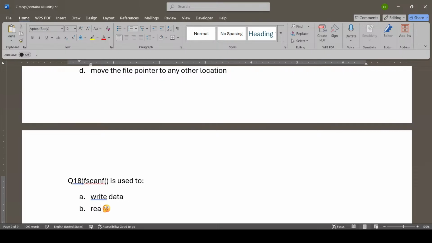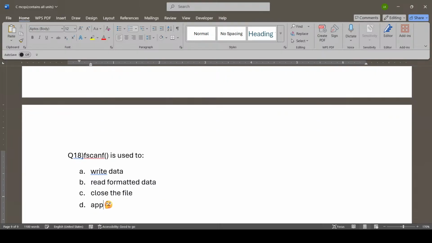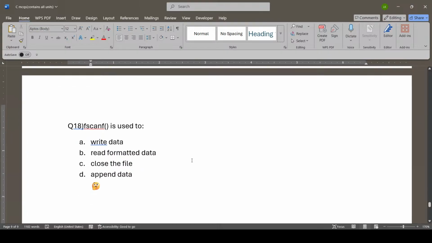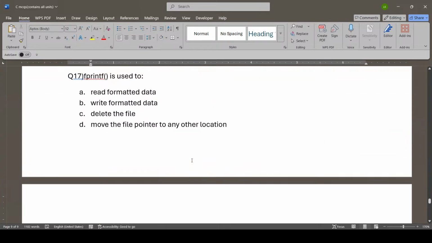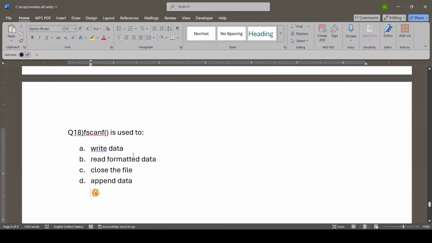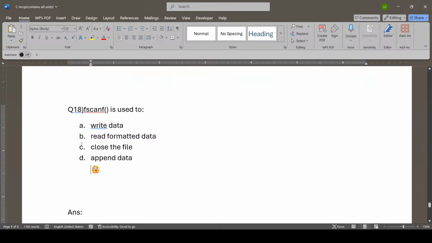Next, read formatted data. Next, close the file. Next, append data. So question 18 is just the opposite of the one we discussed, fprintf. So what is the meaning of question number 18? fscanf.